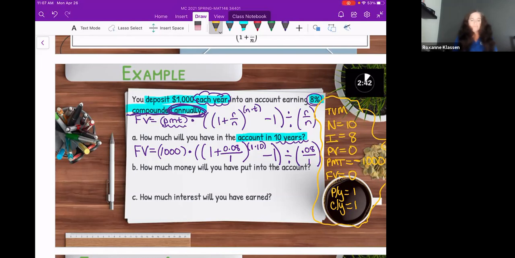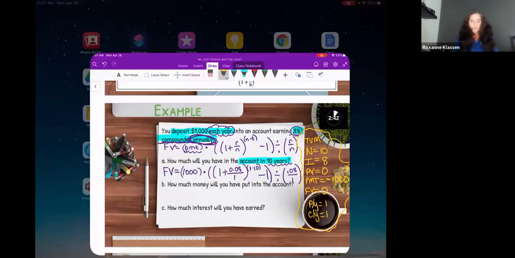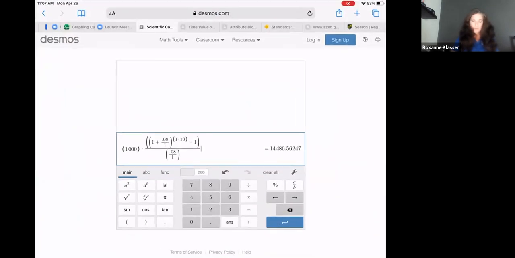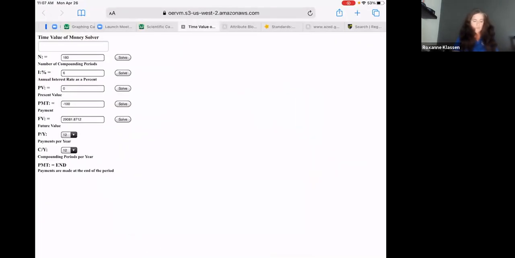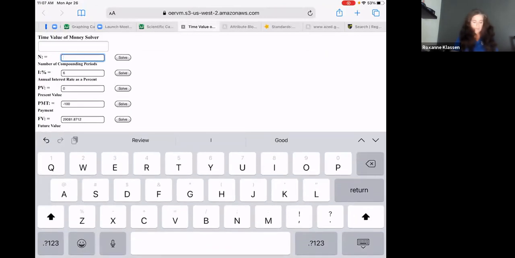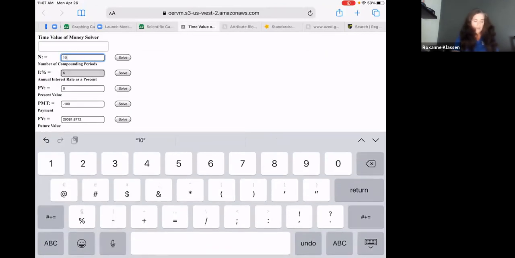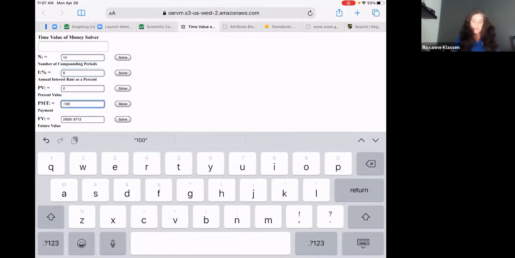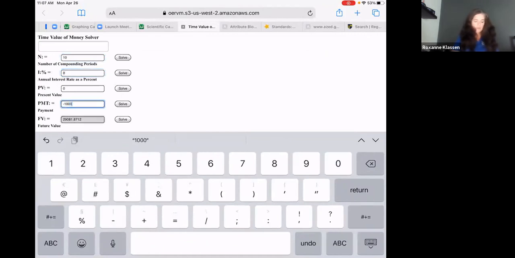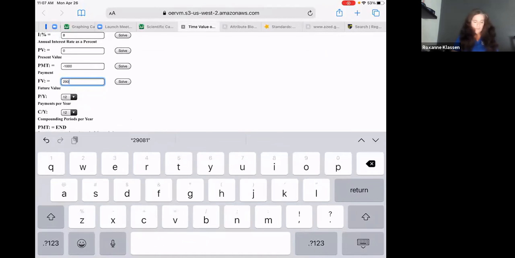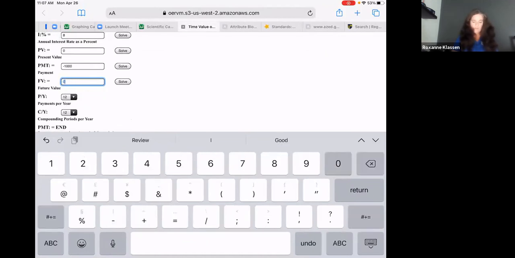It's going to match lowercase n. Okay. So now if I do that on the TVM solver, here's my TVM solver. If I go back and I put in 10 and I put in 8% and I put in negative 1,000 and I change this to 0 till I solve for it.